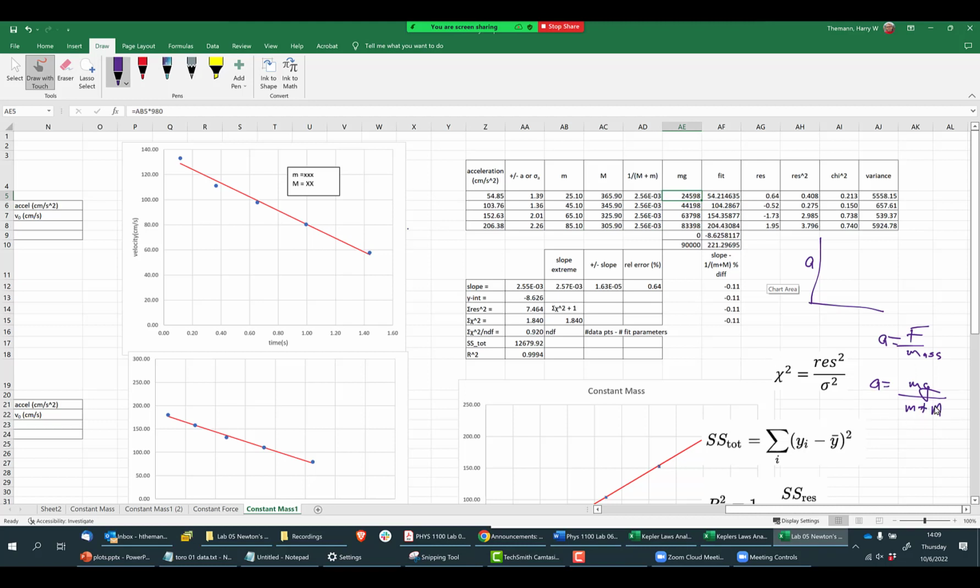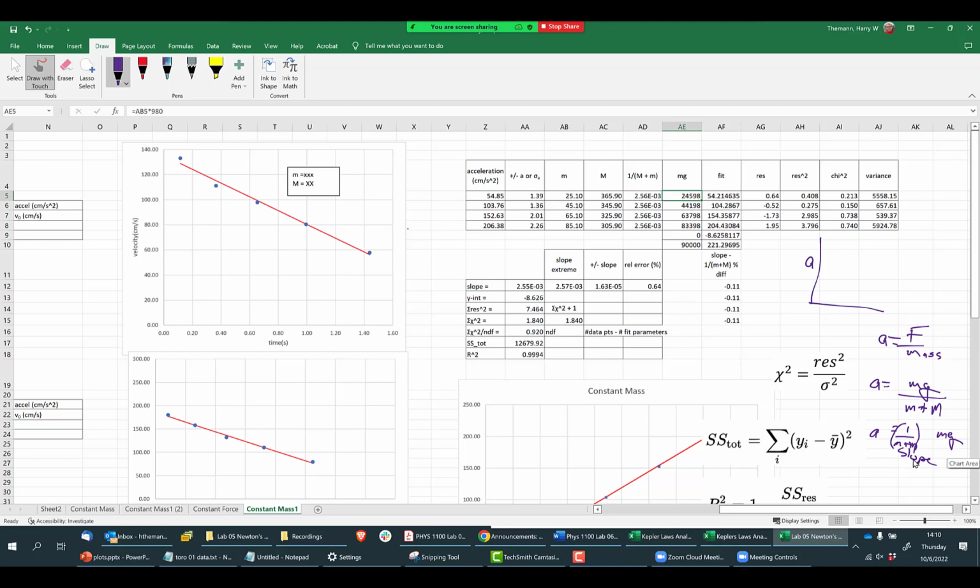In our case, we're doing constant mass and constant force. So with constant mass, our slope is going to be that mass, in this case 1 over it. And mg is going to be our x-axis. So in constant mass, this is the slope.